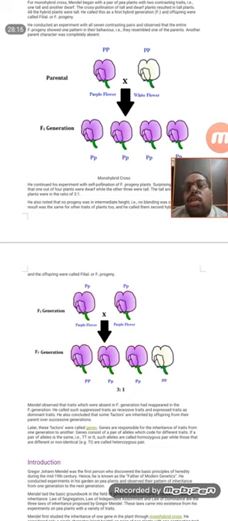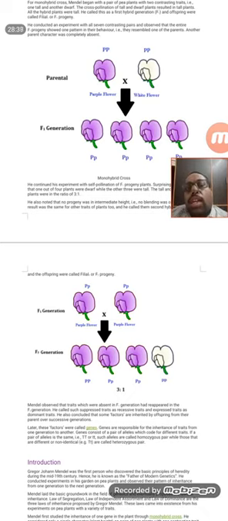So in order to understand this, he did the test crossing. Why did he do the test crossing? Because he got one flower as white and all others as violet.